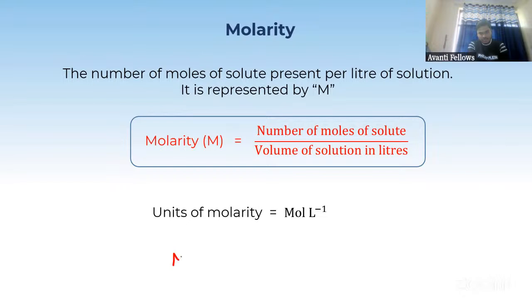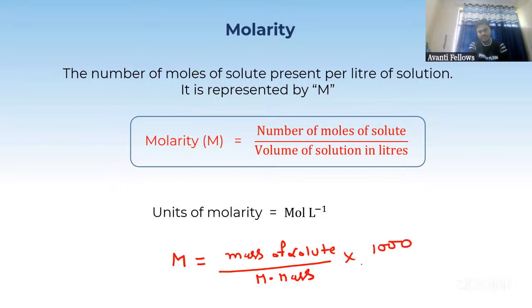We also write the formula like this: the number of moles can be written as mass of solute divided by molar mass, multiplied by 1000 and divided by mass of solvent. ठीक है?